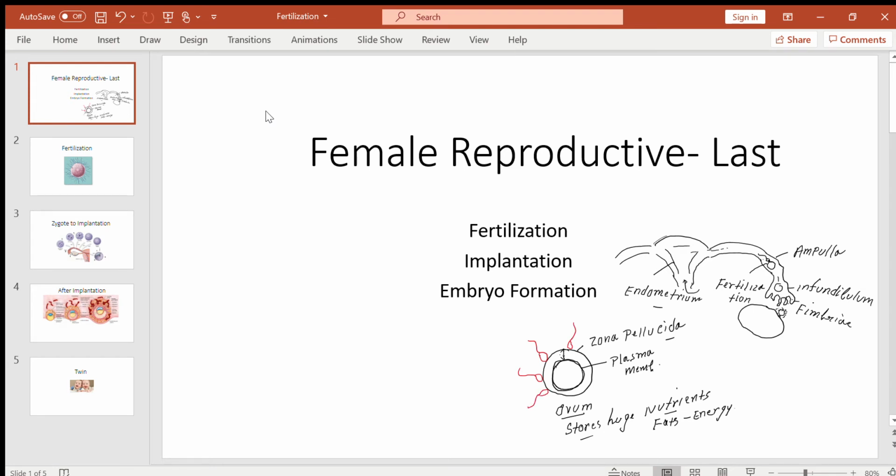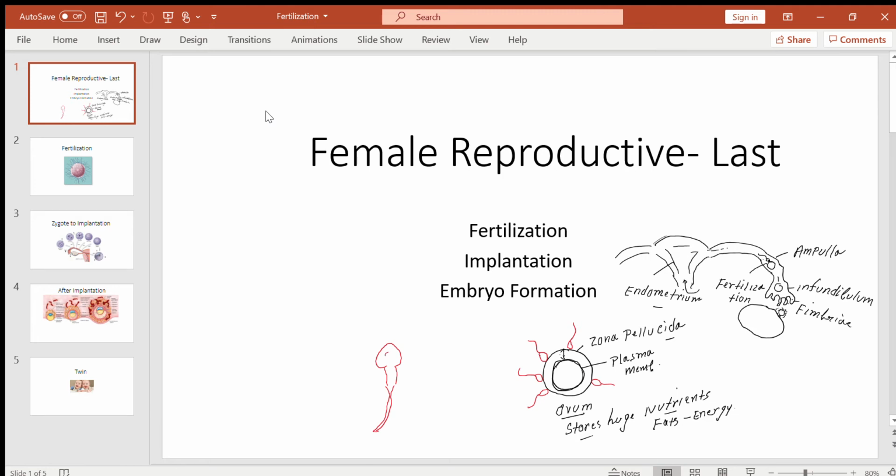Okay, like this, many sperm. And you must remember from the last lecture, the sperm has a head, midpiece, and a tail. So this is the structure of a sperm.